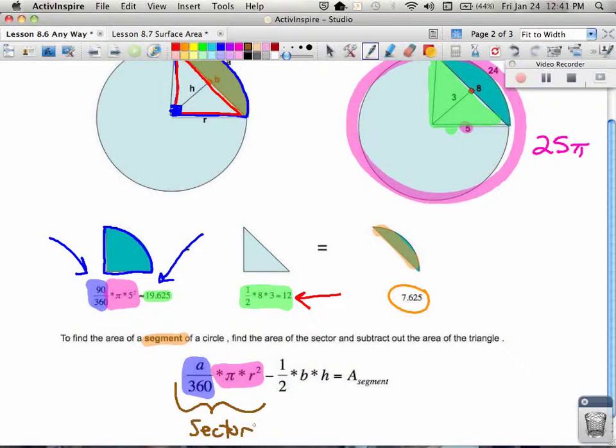Then, what I want to do is take away, of course, the triangle. So the next thing that I see is the triangle's area, right here, 1/2 base times height, or base times height divided by 2. And when I subtract that triangle off, in the end, I end up with the area of my segment.